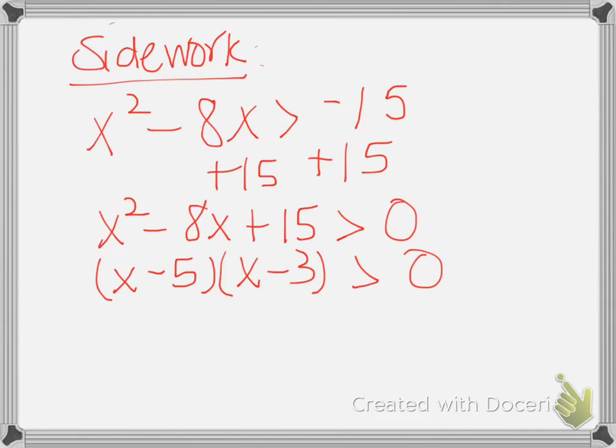So that tells us that if we can somehow get x minus 3 and x minus 5, those two linear factors together, to be greater than 0, then we can solve this proof.